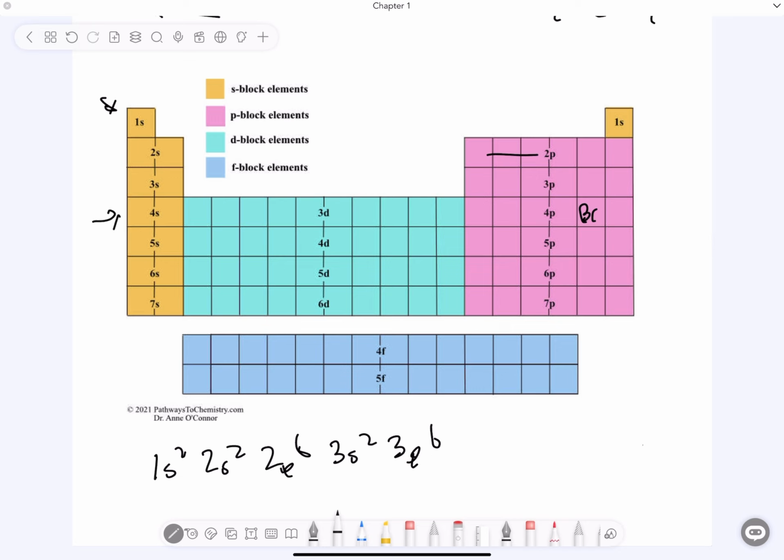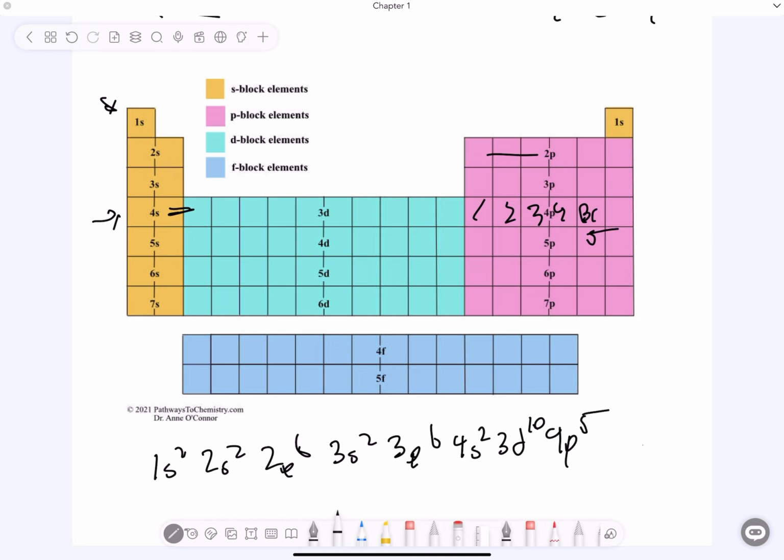and when we get to 4, it's going to be 4s squared, and because it's connected, 3d to the power 10, and then 4p, not 6, but 1, 2, 3, 4, 5, 4p 5.